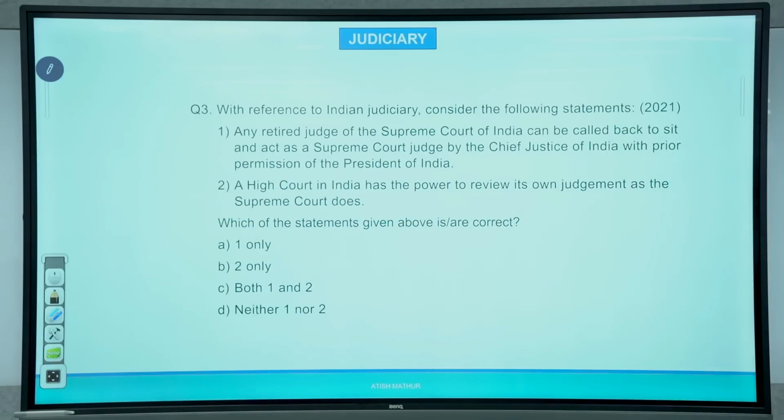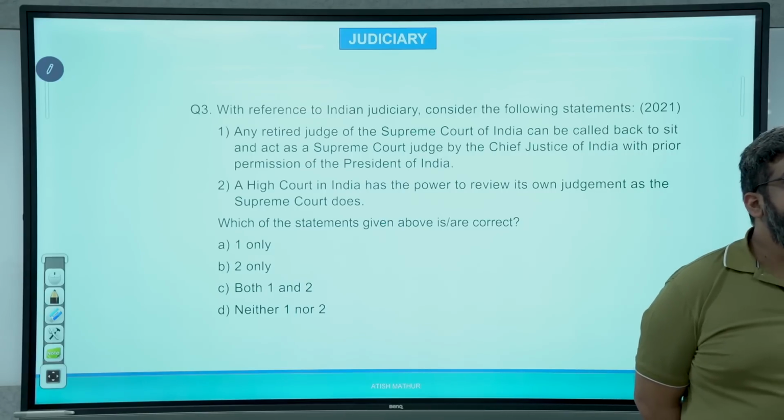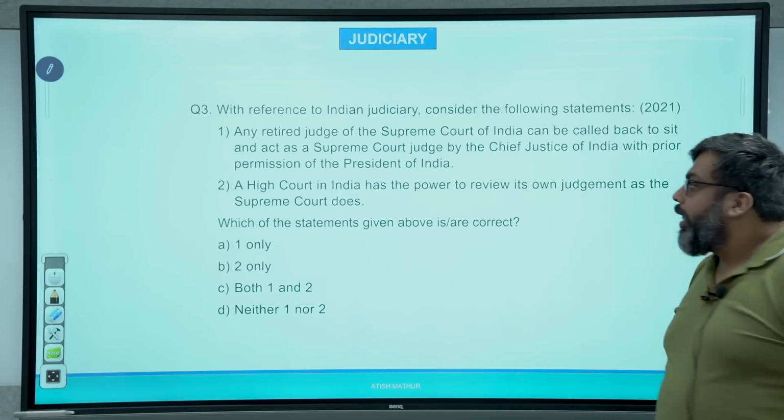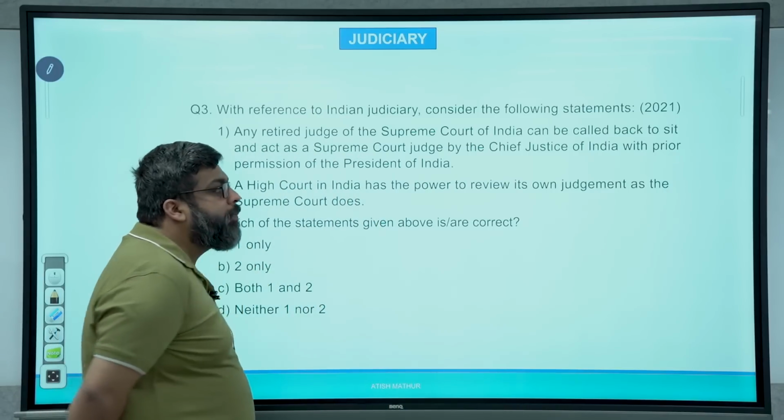Slowly, slowly, don't rush, we will think calmly. Who among you thinks the second option is correct? Raise your hand. Very good, excellent. Good. Why do you think so? Yes, right. Is it comparing the review powers of the High Court and the Supreme Court? Yes. Is it comparing the overall review powers of the Supreme Court and the High Court? Yes. A High Court in India has the power to review its own judgment as the Supreme Court does.